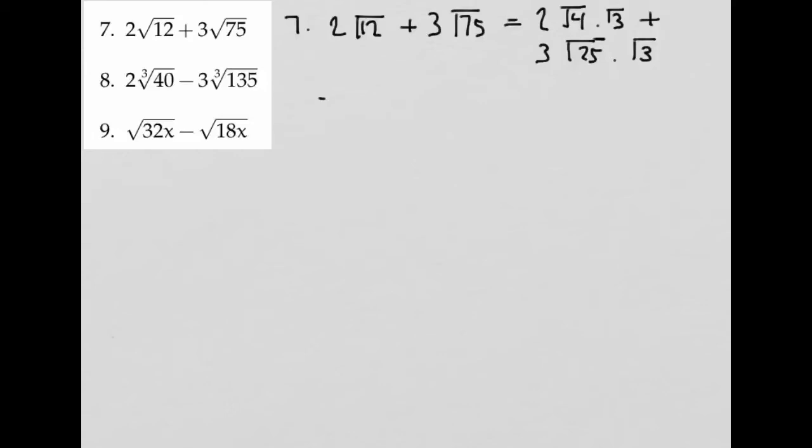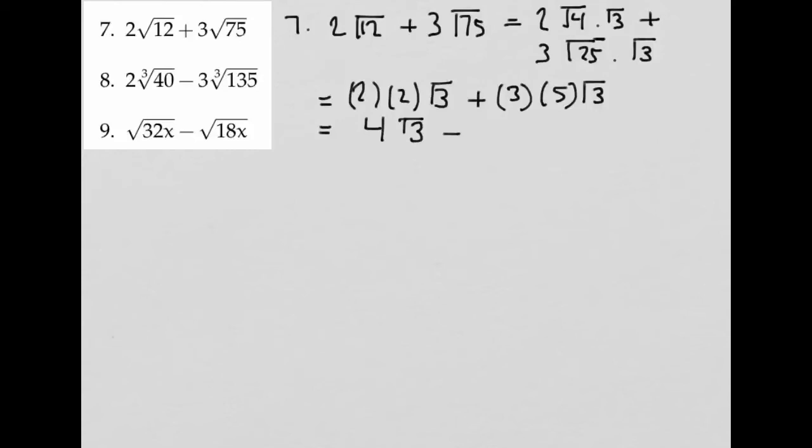Well, that's equal to 2 times square root of 4, which is 2, times square root of 3 plus 3 times square root of 25, which is 5, times square root of 3. Well, here we have 4 square root of 3 plus 15 square root of 3, which add up to 19 square root of 3.